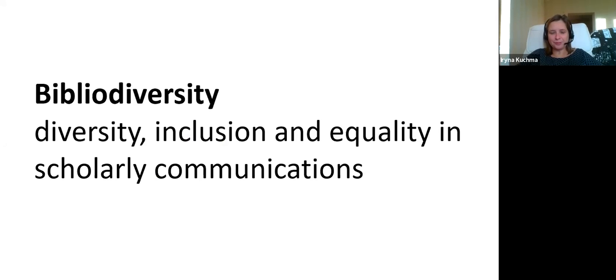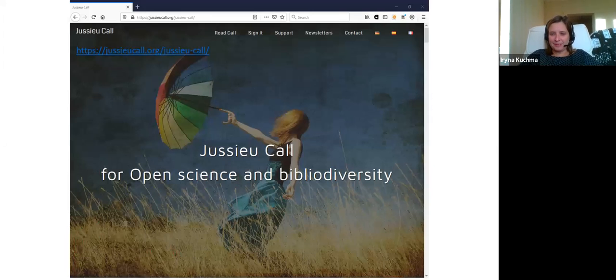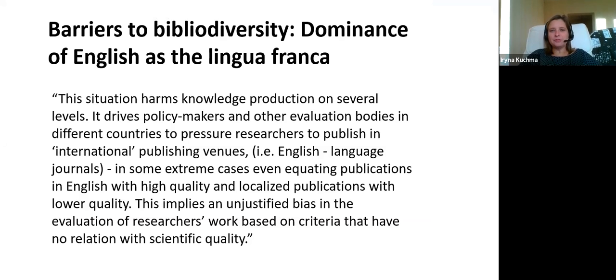By bibliodiversity, we mean diversity, inclusion, and equity in scholarly communications. And the idea is that a healthy ecosystem is one that is really diverse, and any types of concentrations are not really healthy. And it's based on the French call for open science and bibliodiversity.